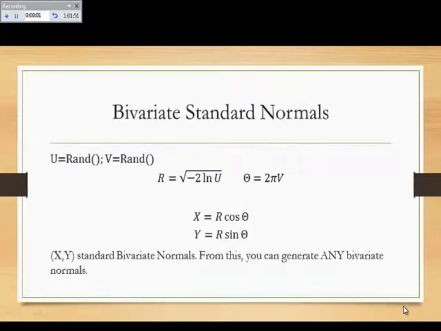So this is the result that if r is the square root of minus 2 log u, r squared is minus 2 log u. Remember, r is the distance, r squared is equal to x squared. I think this is correct.